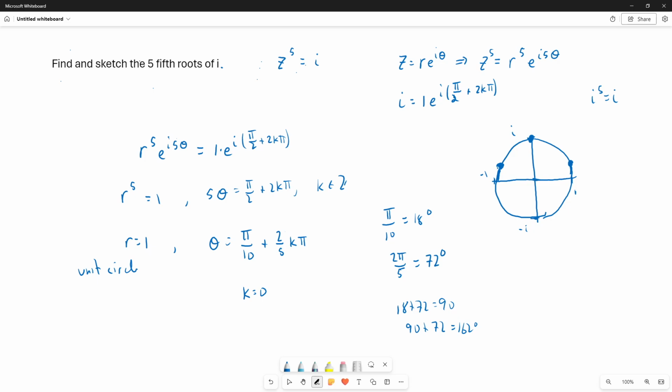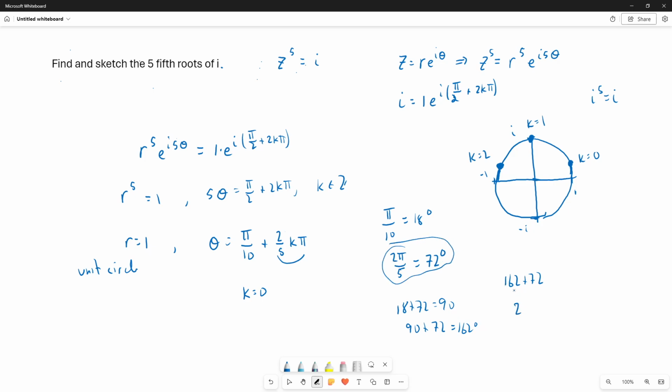So here's another solution corresponding to k equals 2. This one was k equals 0, k equals 1. And now when k is 3, our angle is 162 plus another 72, because our increment here is, when we bump up k by 1, it gives us an extra 72 degrees.